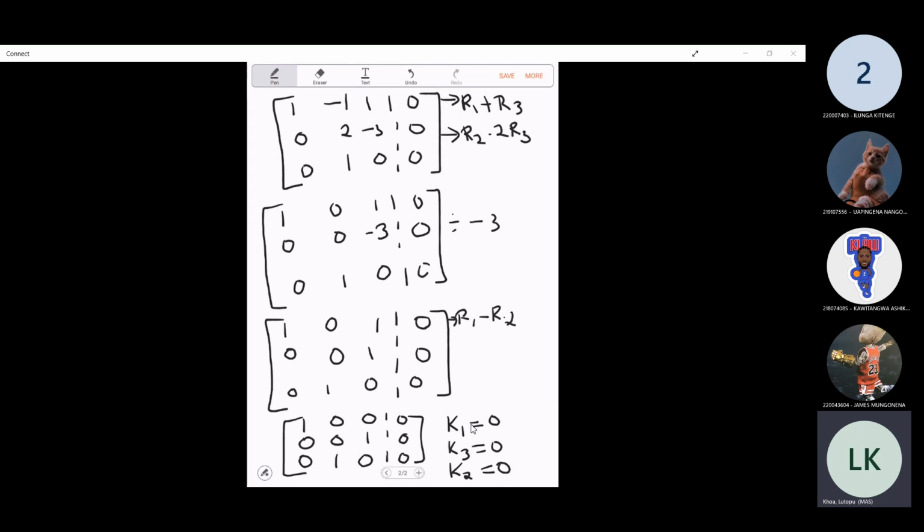Okay, then when you've shown that all of these K's are equal to 0, then you would say that the eigenvectors are linearly independent. Okay, so that was the second part of the question.